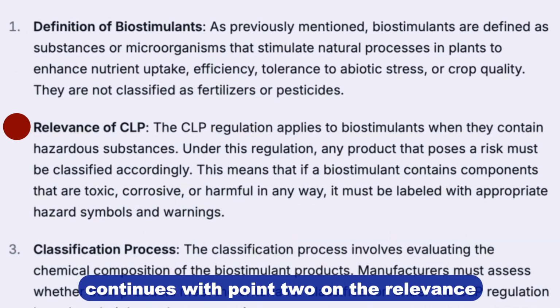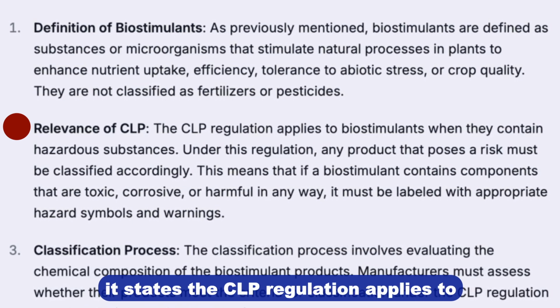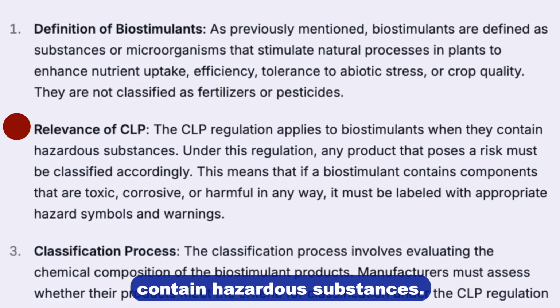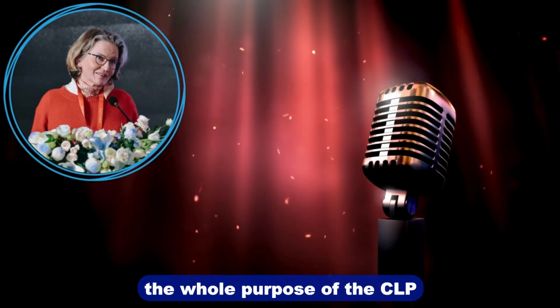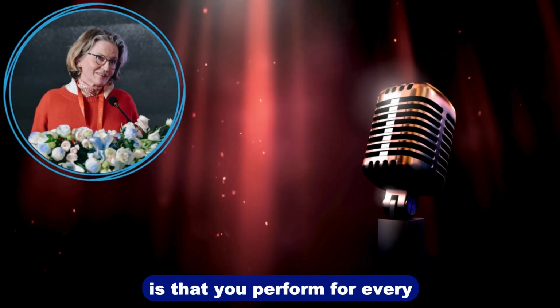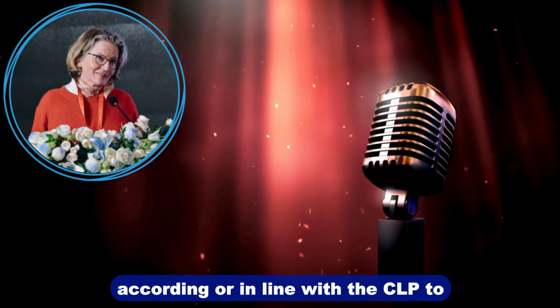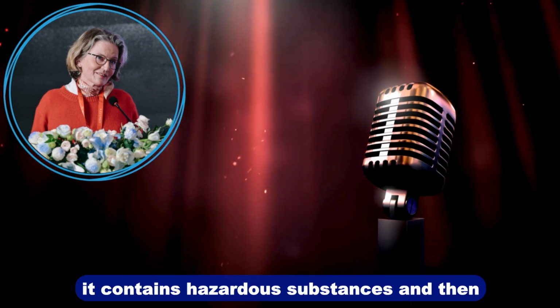Then it continues with point 2 on the relevance of CLP. And here already we have the first mistake, because it states the CLP regulation applies to biostimulants when they contain hazardous substances. No, that is misleading, because the whole purpose of the CLP is that for every mixture you perform an assessment in line with the CLP to identify whether it contains hazardous substances.